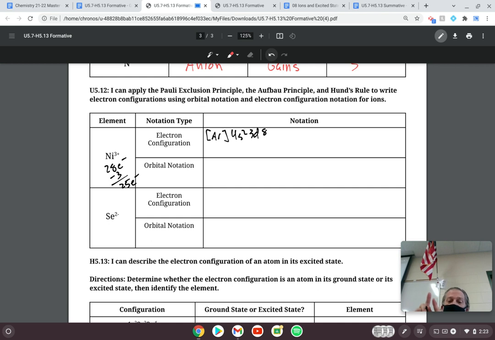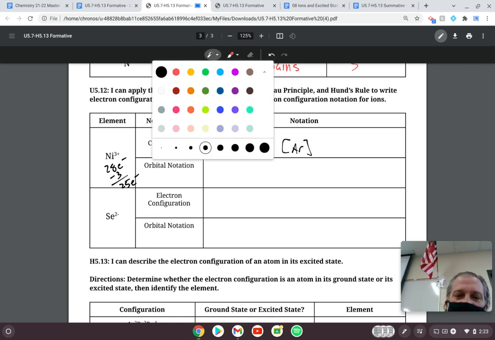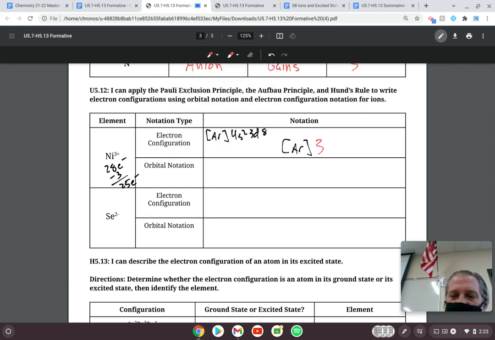Now, it's going to take electrons from the 4s first and then from the 3d. So the final answer here is going to be argon 3d7.